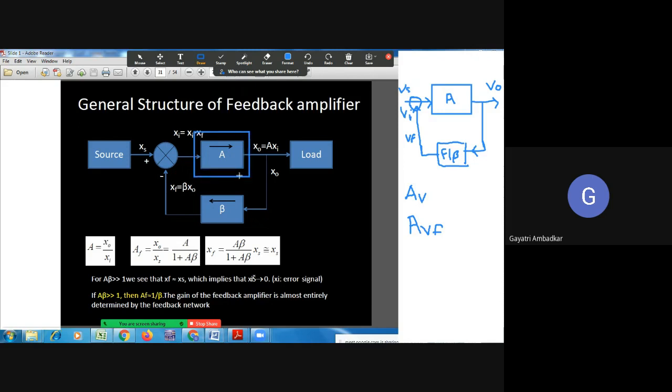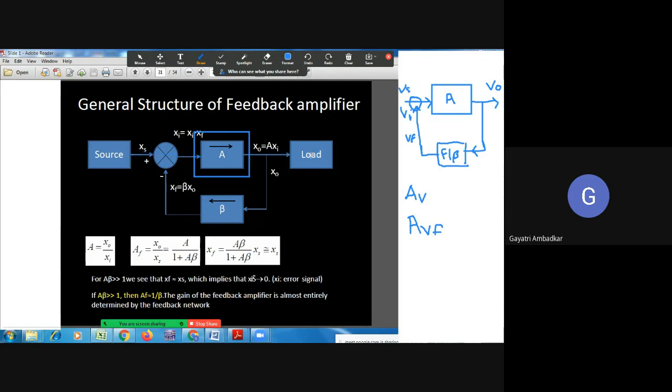This is amplifier without feedback. Now, this amplifier is receiving a signal from a source directly. It is receiving signal from this source. Okay. It is amplifying and provides the output to the load.